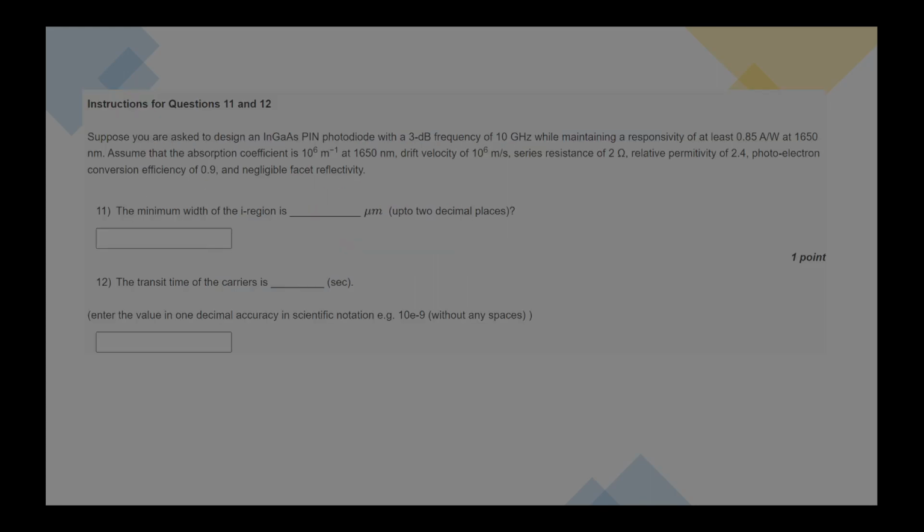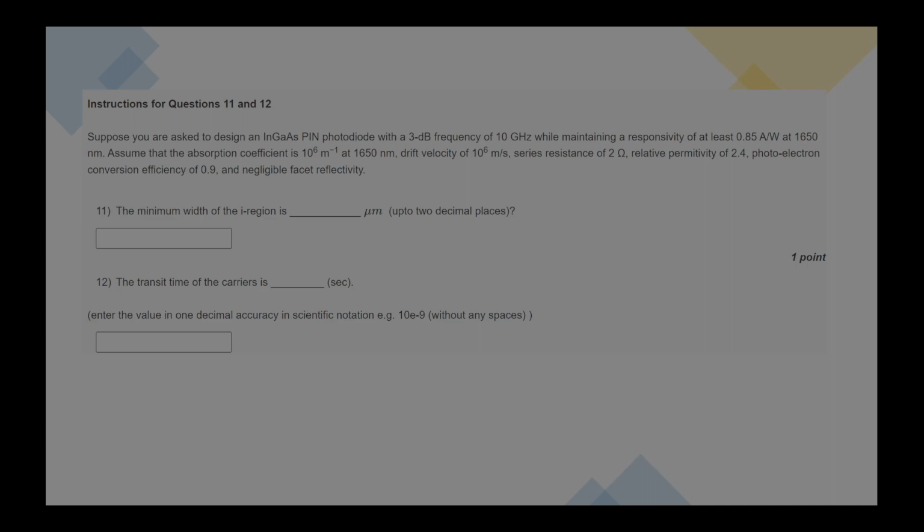Question number 11 and 12 have the same instruction. So suppose you are asked to design an indium gallium arsenide PIN photodiode with a 3 decibel frequency of 10 gigahertz while maintaining a responsivity of at least 0.85 ampere per watt at 1650 nanometer.